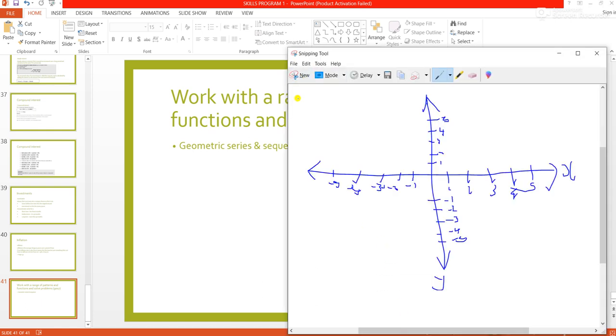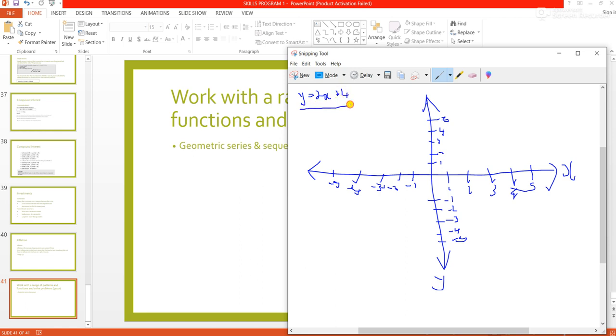So we were given a straight line equation, which is y equals 2x plus 4.